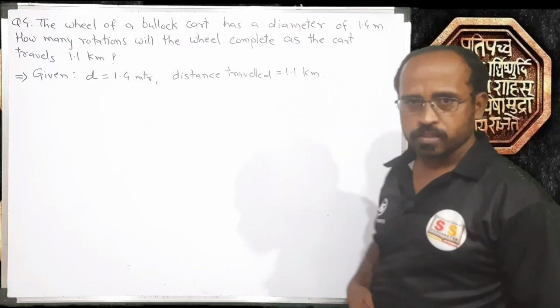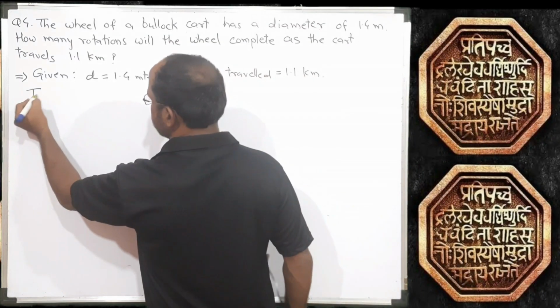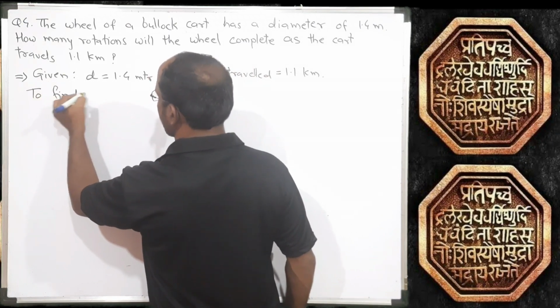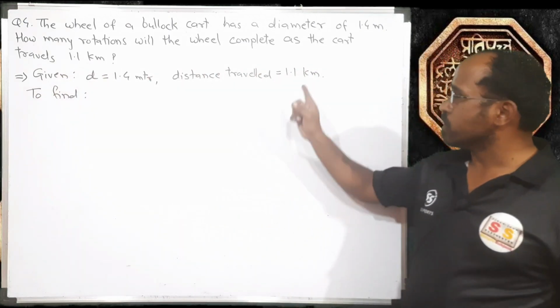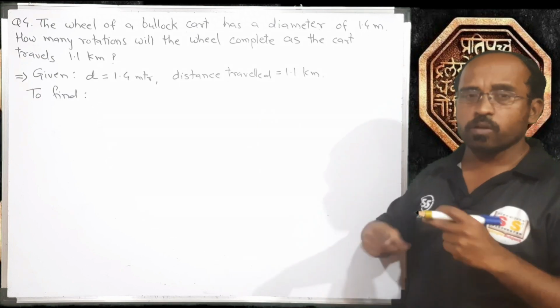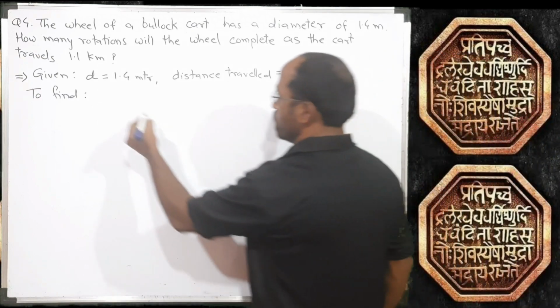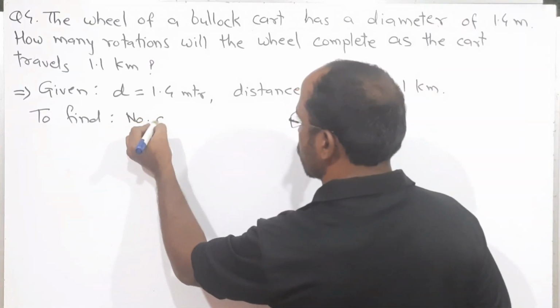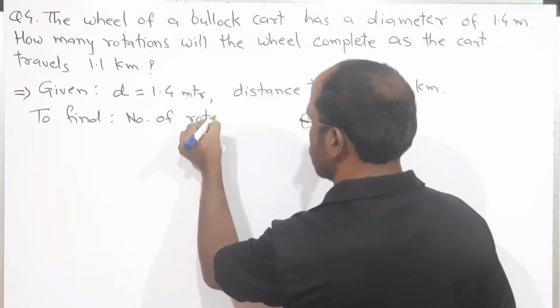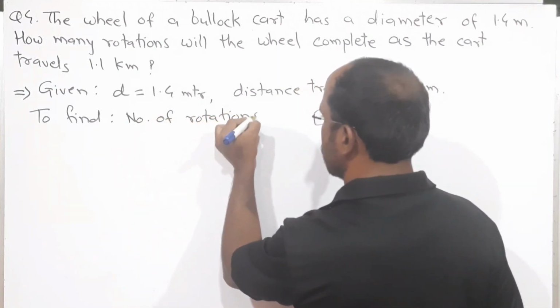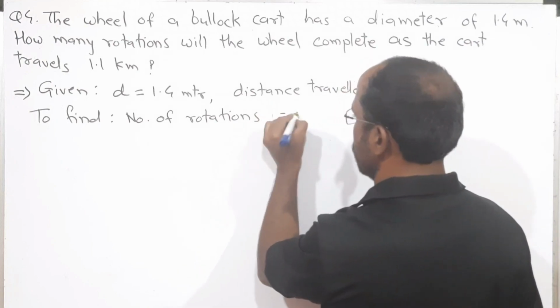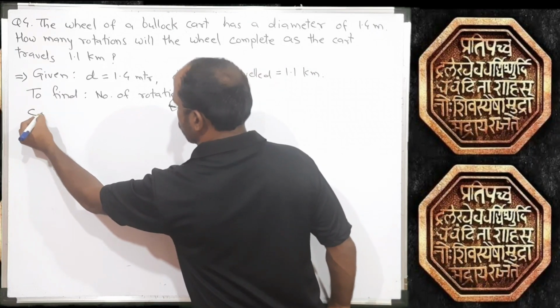This information is given. What we have to find? We have to find, to cover this distance, how many rotations are required. So we have to find the number of rotations is equal to how much. So let's go for the solution.